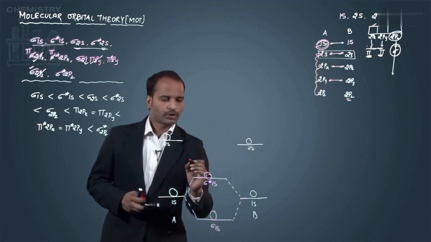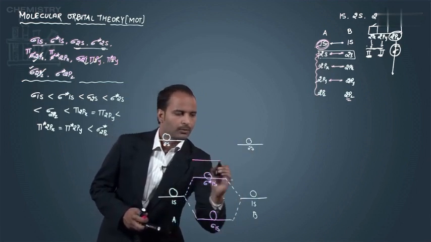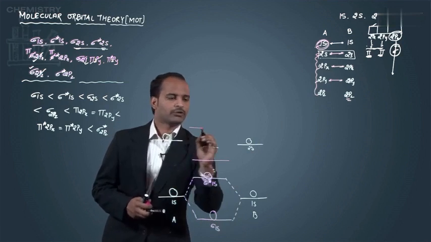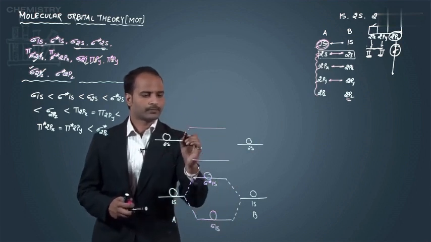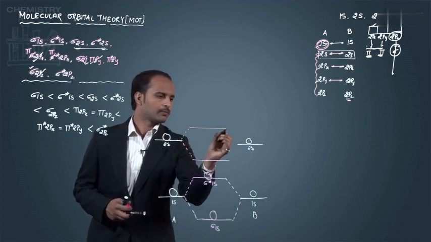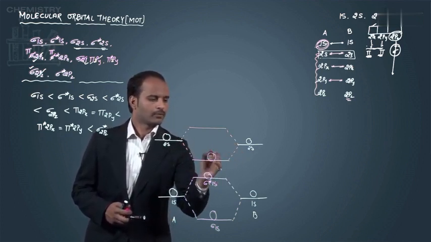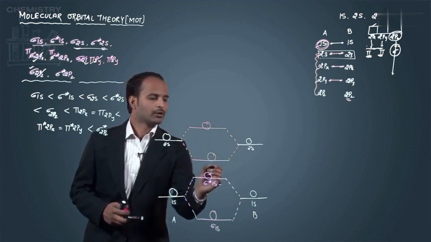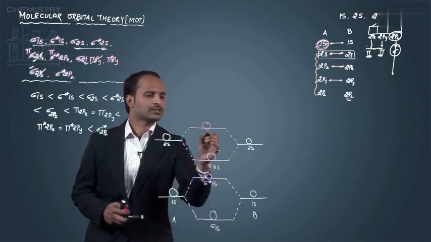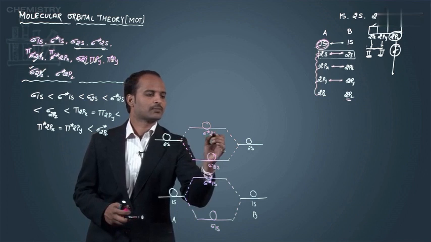Again 2 more molecular orbitals will form. One will be bonding and one will be anti-bonding. The bonding one is called sigma 2s and this is called sigma star 2s.